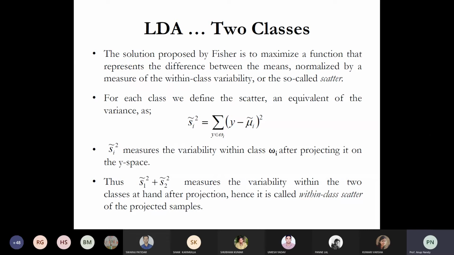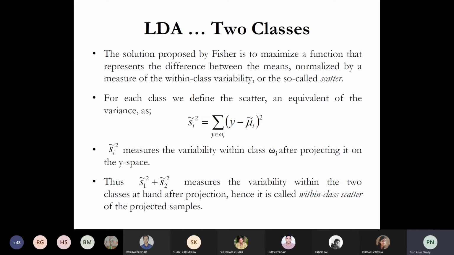There is a trade-off between the within class variance and the between class distance. Now you have to optimize this. You have to find the W in such a way that the numerator, the between class distance, is maximized, and the denominator, which is a normalization factor, that is the within class scatter, has to be minimized.